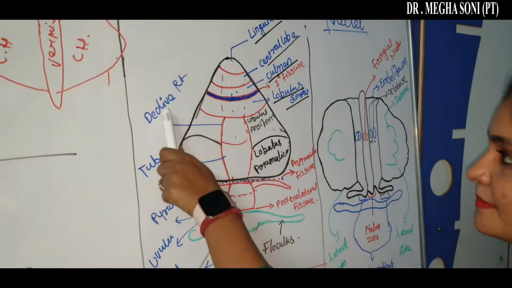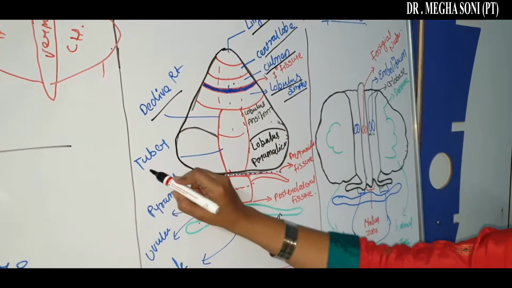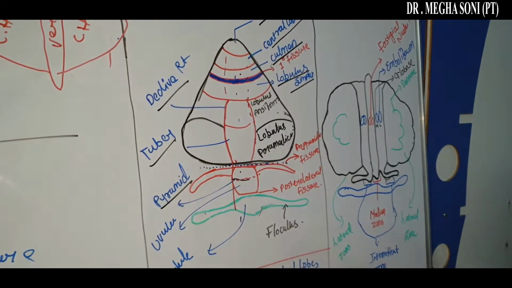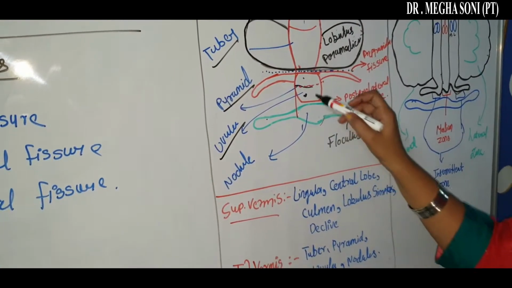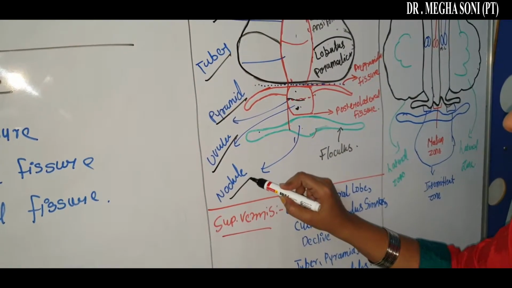Below the lobulus simplex, declive. Okay, below the declive, tuber is situated. Below the tuber, pyramid is situated. Below pyramid, uvula is situated. This is uvula, and the last portion of vermis is nodule. Fine.